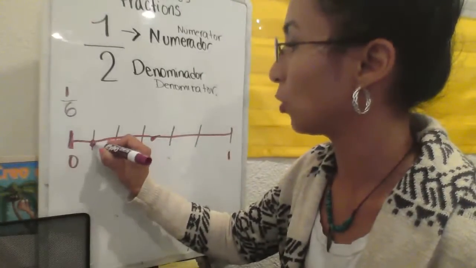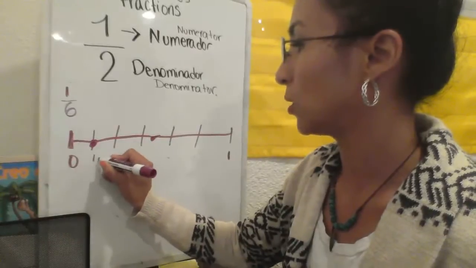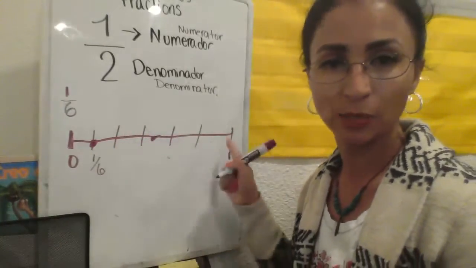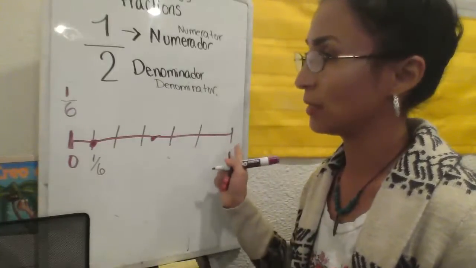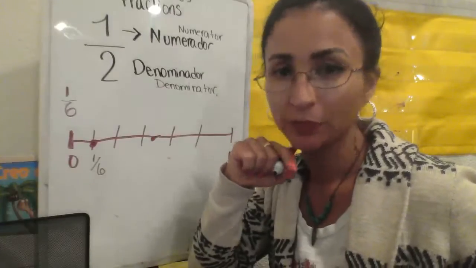You can make your point right here. If you take away 1, this will be 1 over 6. ¿Por qué? Porque hay 6 espacios. Hay 6 espacios para que representes el 6.